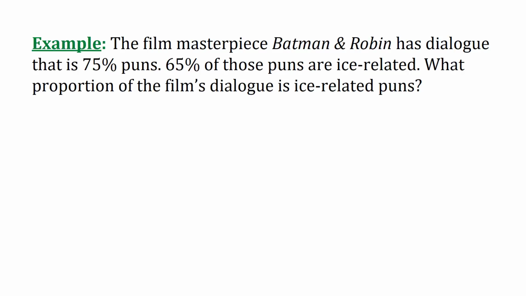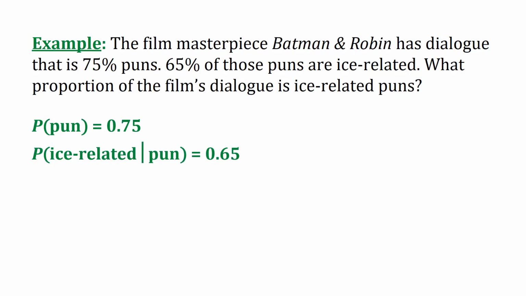So let's first identify the information we've been given so far. If I just pull a random line of dialogue from the film, the probability that it is a pun is 0.75, based on that first sentence we were given. And then based on the second sentence, what I'm told is a conditional probability. Of the puns, 65% are ice related.